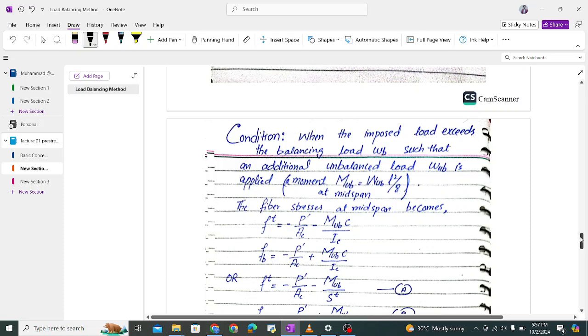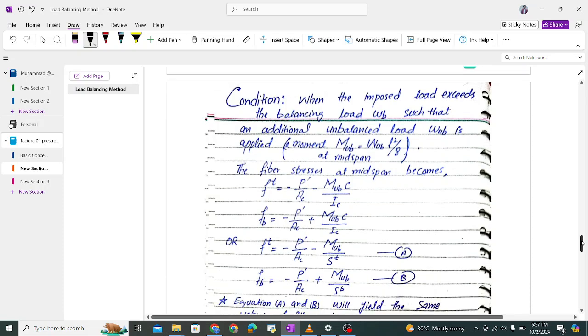Here you just have to understand that when the imposed load exceeds the balancing load, we have to introduce the unbalanced load. Due to this unbalanced load, we have to calculate the unbalanced moment, and that unbalanced moment has to be considered in the equation for finding the pre-stresses at extreme fiber at mid-span.